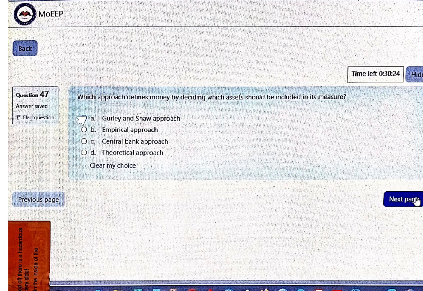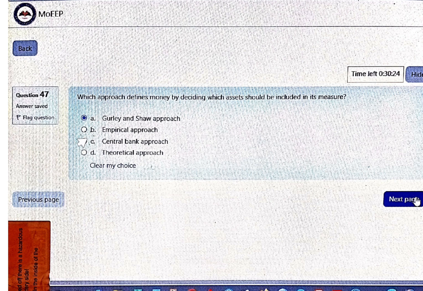So why are the other options incorrect? B, for example, the empirical approach. This focuses on observing real-world usage, not primarily on formal classification of assets into money measures. See also the central bank approach. This is also wrong because central banks define money supply like M1, M2 and so on.